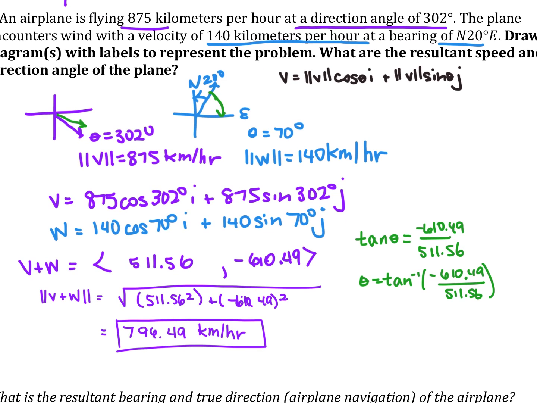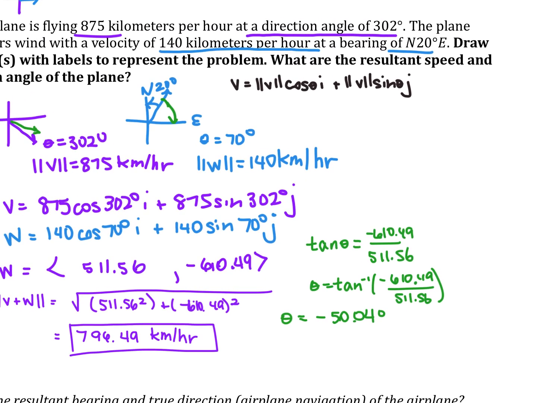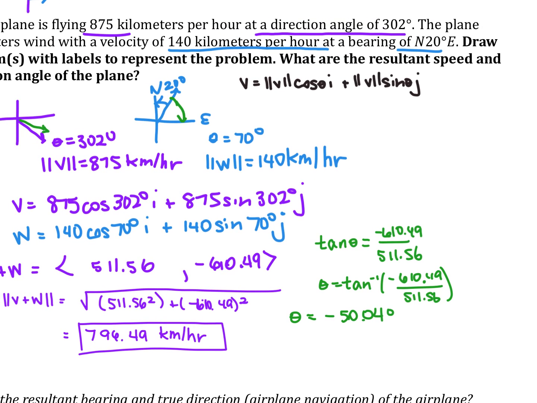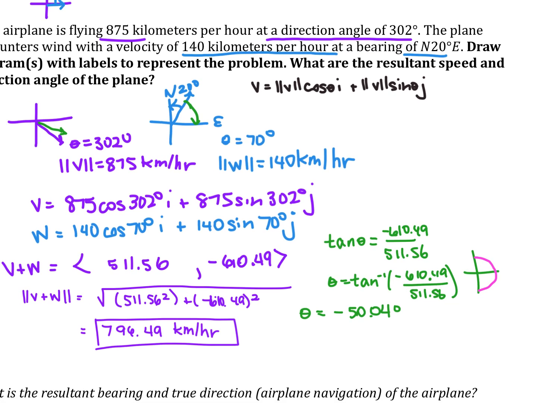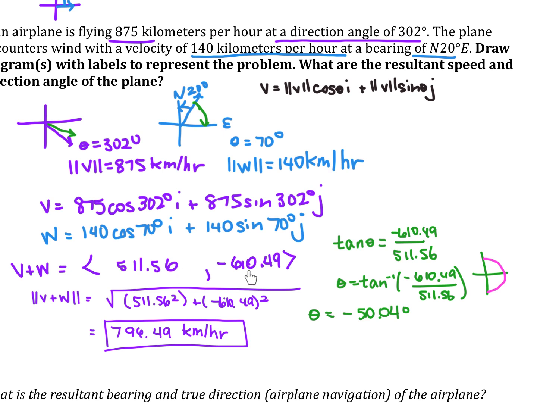When you plug it into your calculator, you get approximately negative 50.04 degrees. Now, remembering arctangent, the answers are going to be in quadrants 1 and 4. This is fine because the resultant angle of the plane is in quadrant 4.